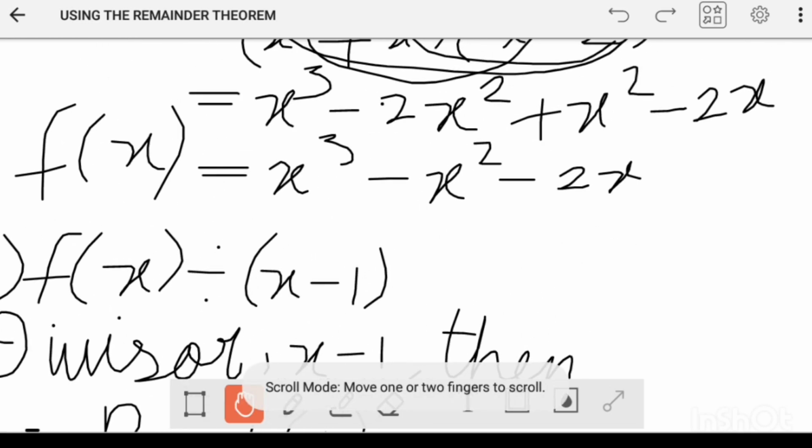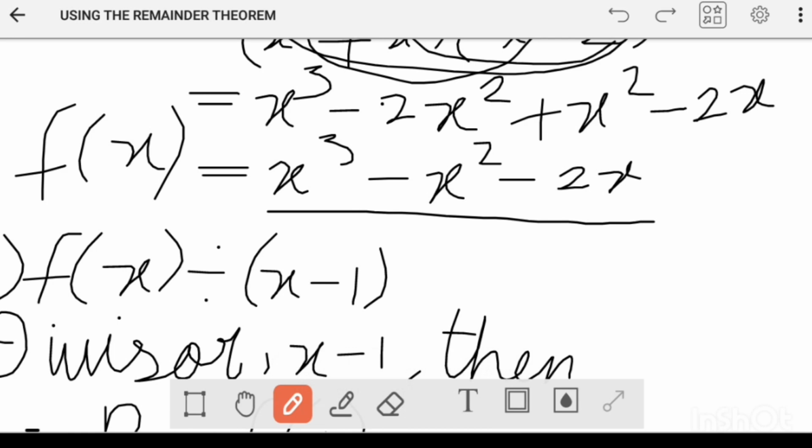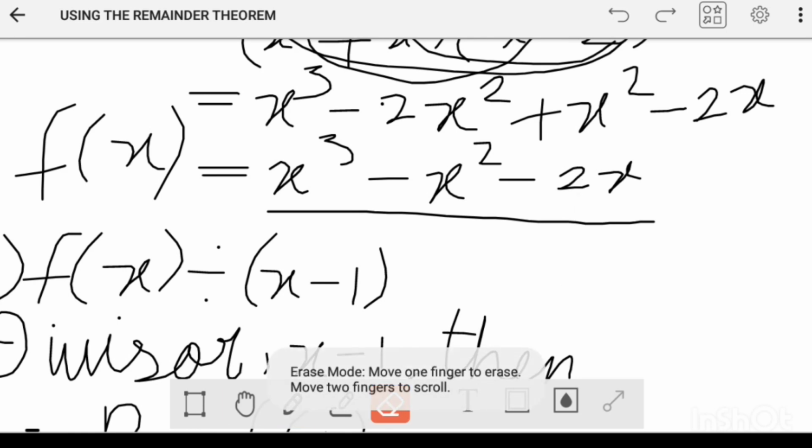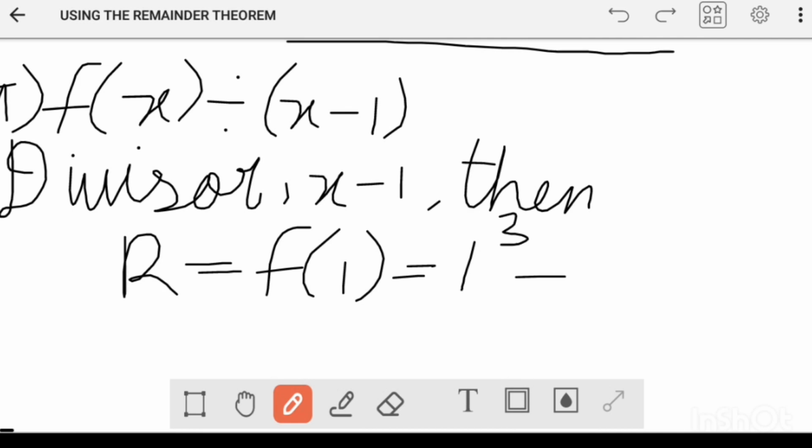From here we see x raised to power 3 minus x raised to power 2, then minus 2x. What we would now do is to substitute it. So we change x for 1. So here we now have f of 1 equals 1 raised to power 3 minus 1 raised to power 2 minus 2 multiplied by 1.